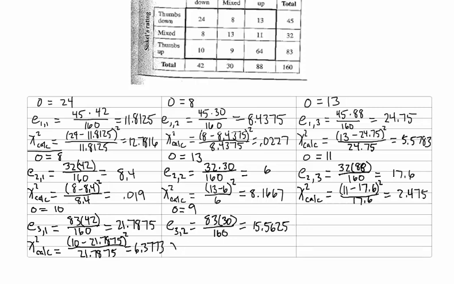And now our chi-squared calc value is equal to 9 minus 15.5625 squared divided by 15.5625, and this is equal to 2.7673.